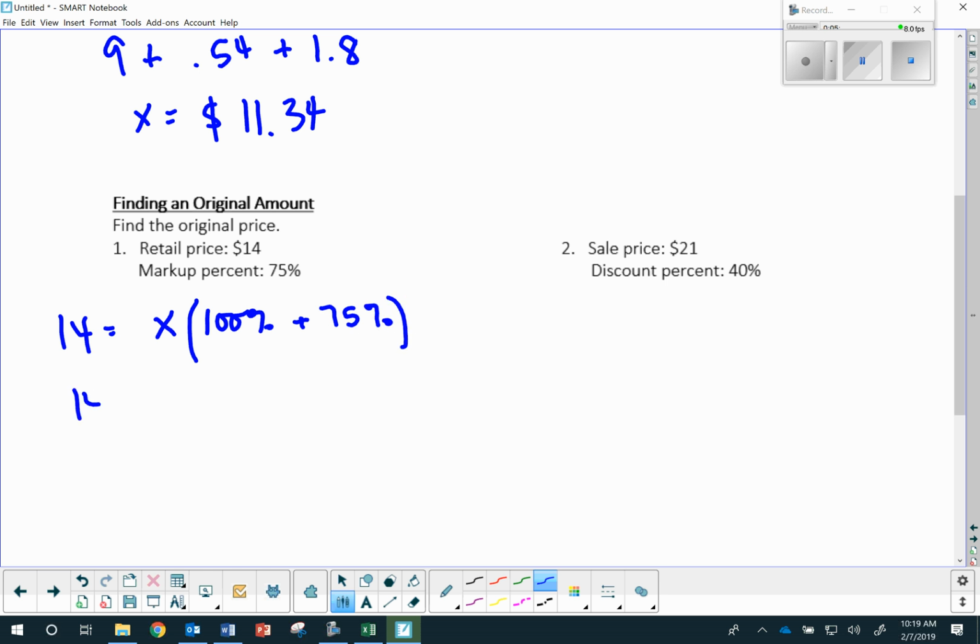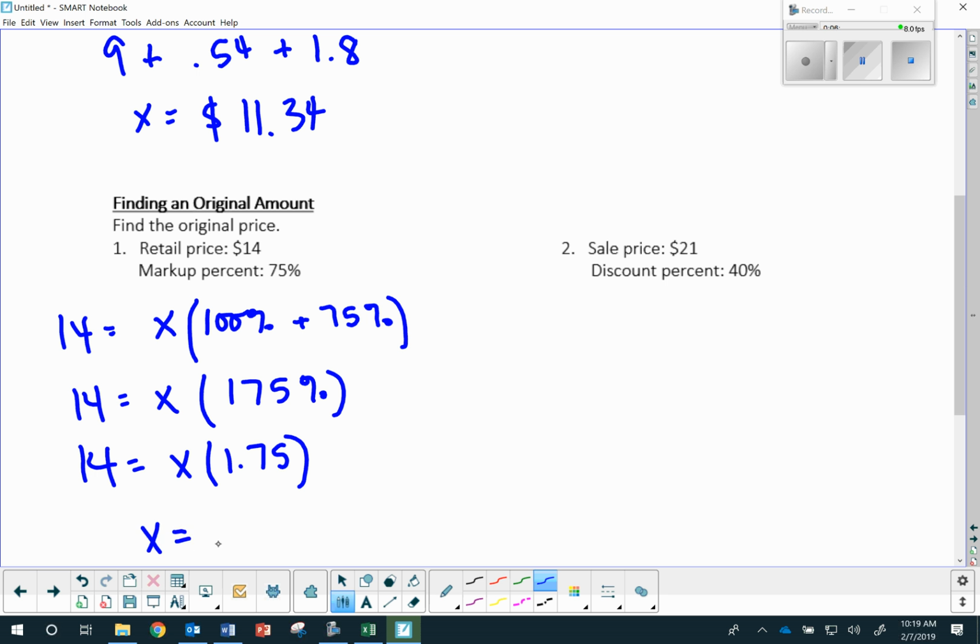So we're going to have 14 equals X times 175%. 14 equals X times 1.75. When we do the division there, we're going to end up with X equaling 8. So the original price was $8. We sold it for 14, so it was a markup of 75%, which makes sense. If it was a markup of 100%, the retail price would be 16, but it is not.